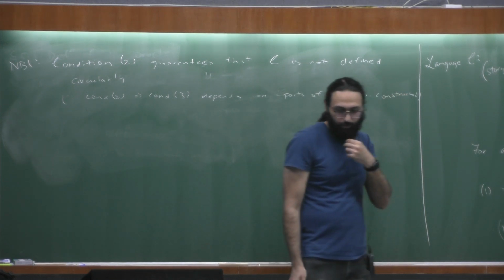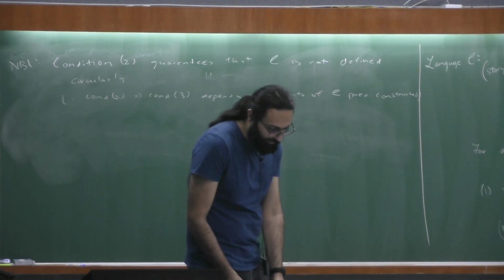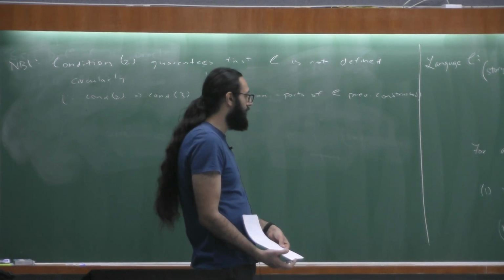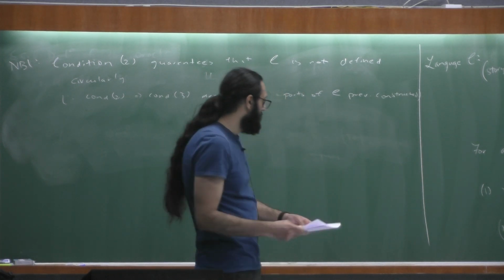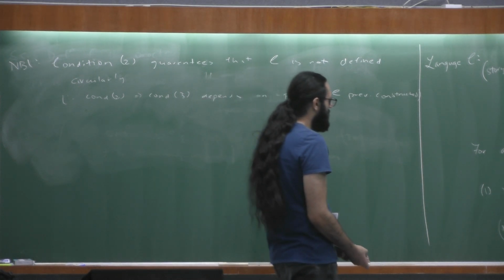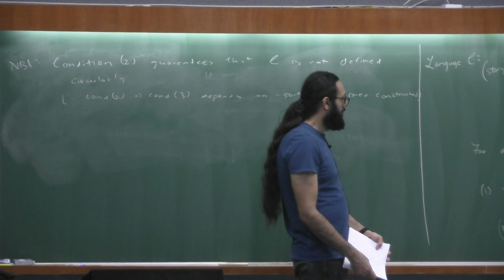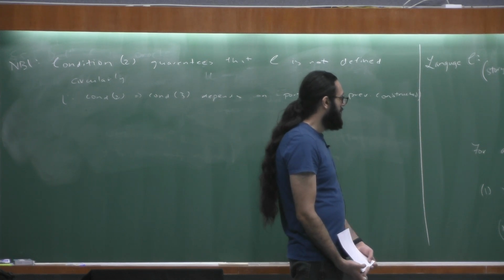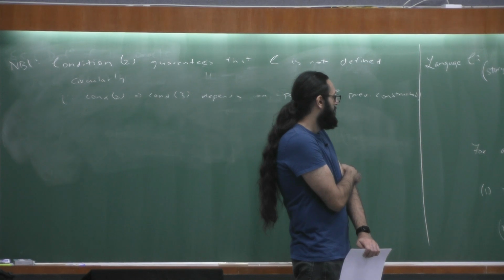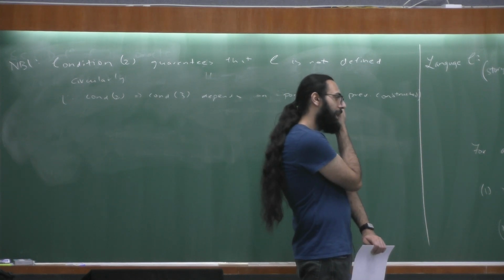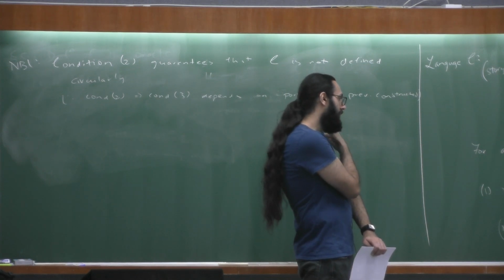Wait, say your question again, what was your concern? That if any of these conditions are false, then the value it assigns should be 0, right? Yeah, I don't think it says anything, because it could be that.